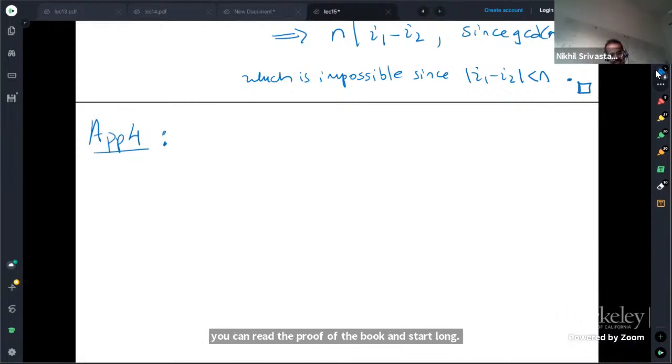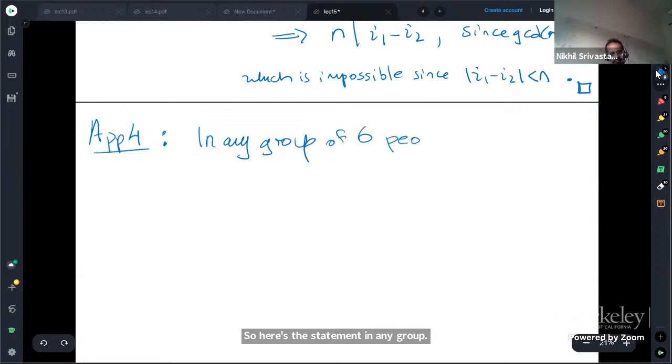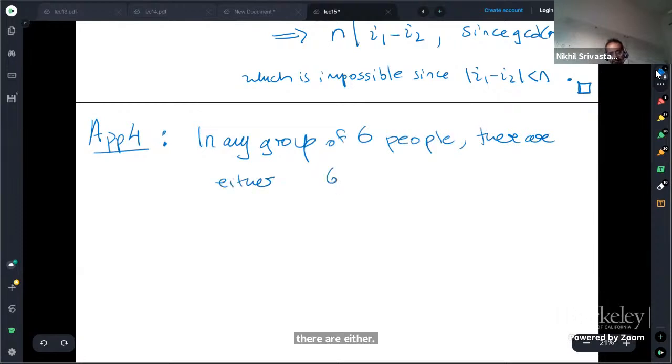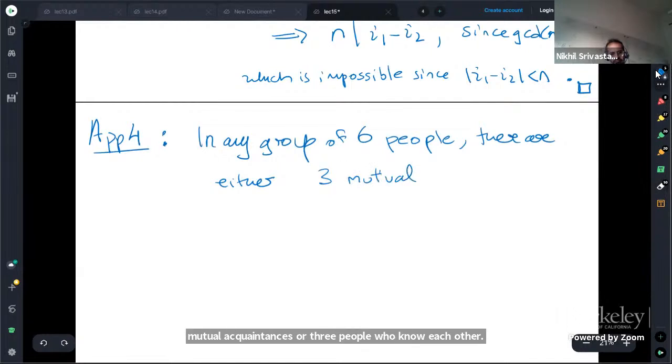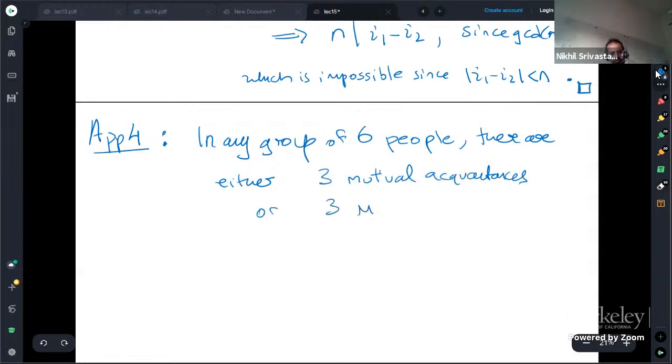So here's a statement. In any group of 6 people, there are either 3 mutual acquaintances, so 3 people who know each other, or 3 mutual strangers.